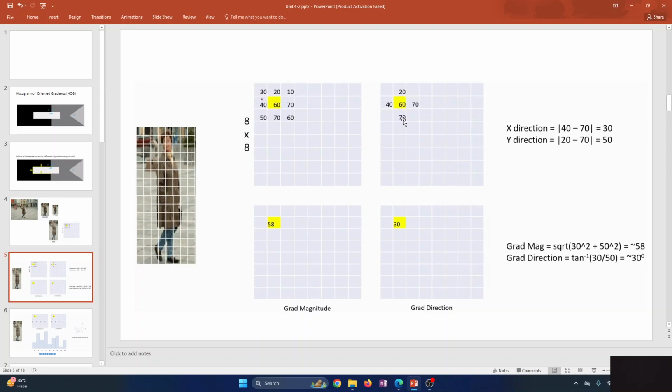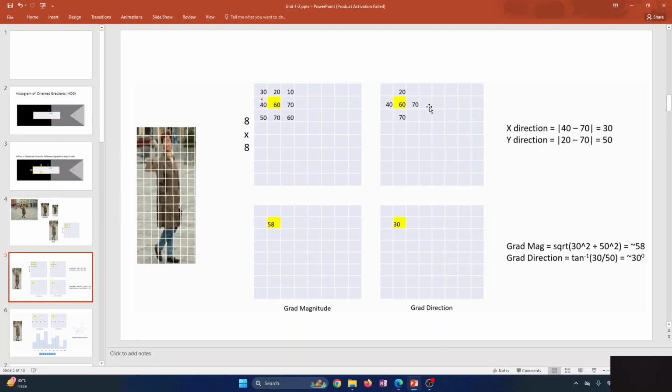So what we are doing now is, in the x direction we are finding the difference. For example, 40 minus 70 will be minus 30, and we are considering the positive value.